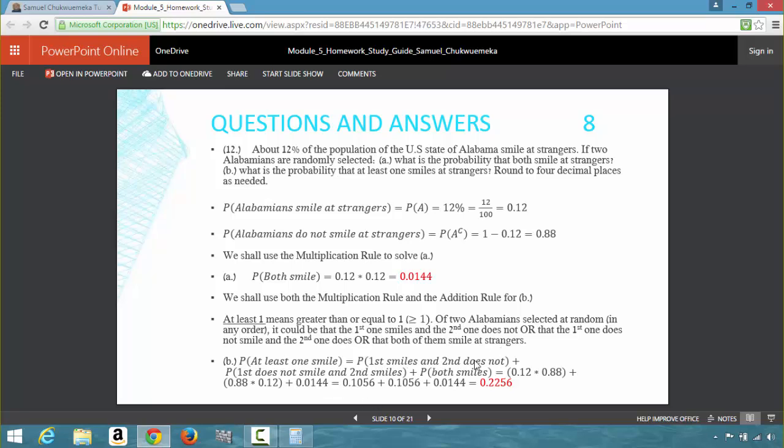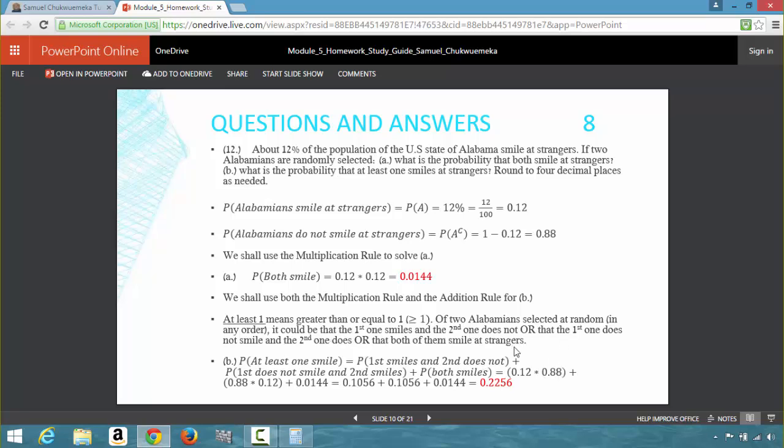So when you do that, you now have to find the probability that the second will not smile. Probability that one smiles will be 0.12. Probability that one will not smile, that is the complementary event, will be 1 minus 0.12, and that gives you 0.88. So probability that first smiles and second does not smile, that is multiplication rule, which is 0.12 times 0.88.